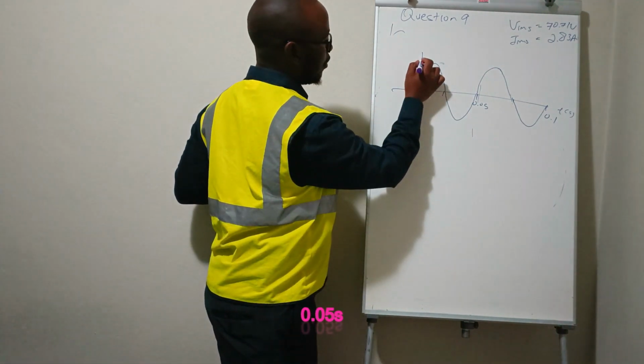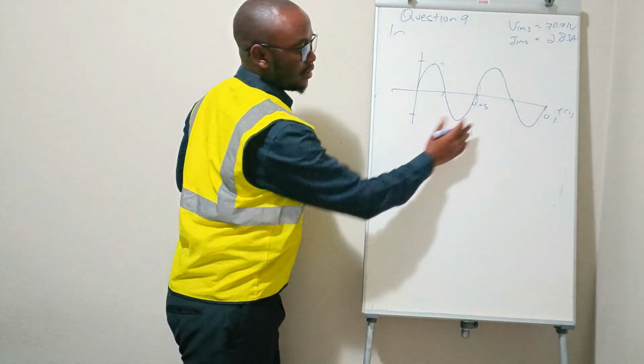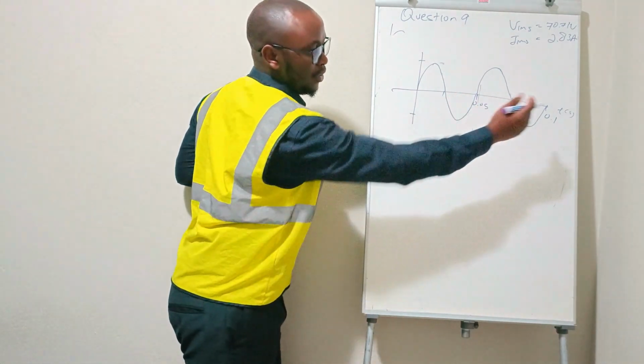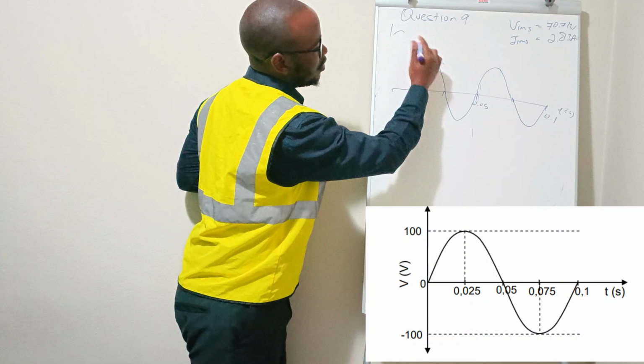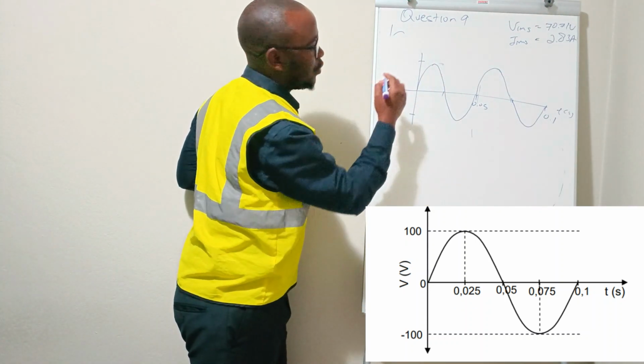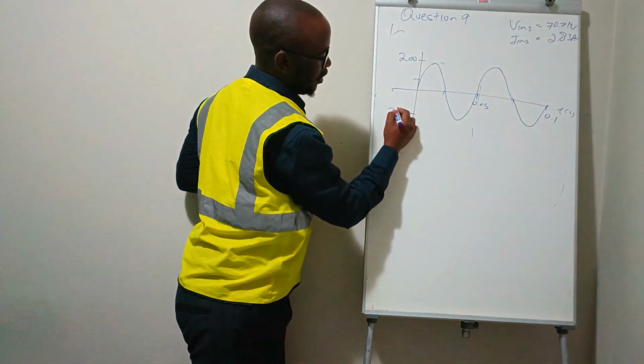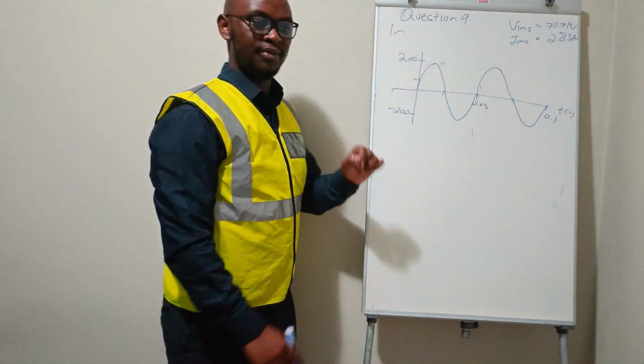But what is the peak now? Like I said, we're doubling the cycles that we're covering within the 0.1 second mark, and we're also doubling the peak. The previous peak was 100 volts, now we're at 200 volts and negative 200 volts.